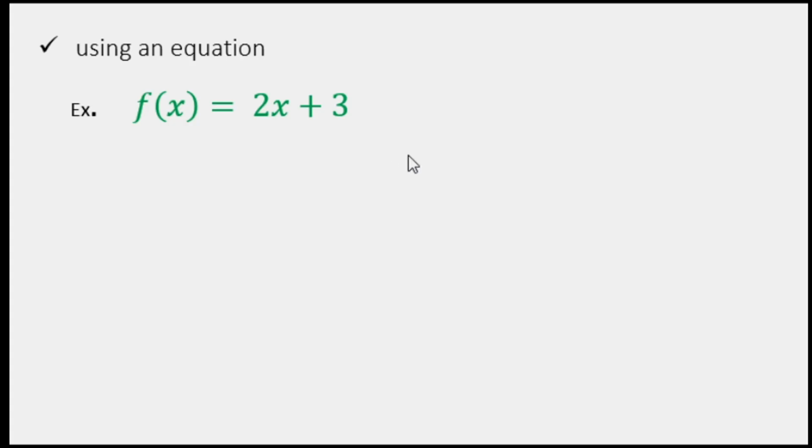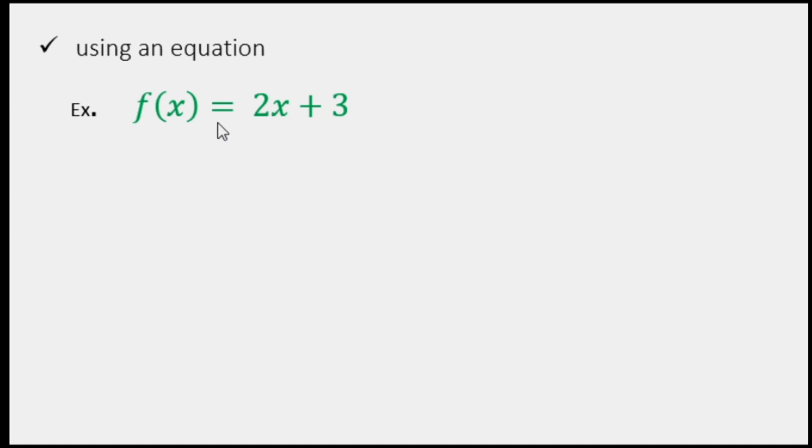For example, the equation f of x is equal to 2x plus 3. This indicates that to each value x in the domain, we assign 2x plus 3 from the range.